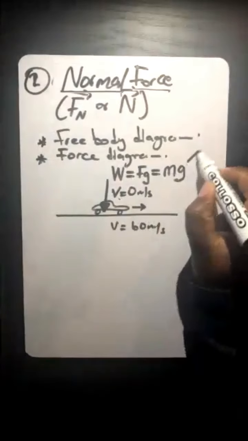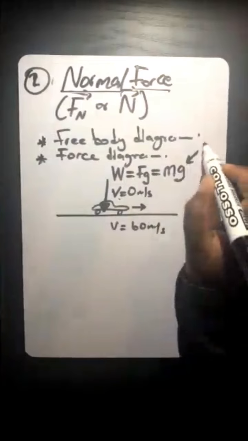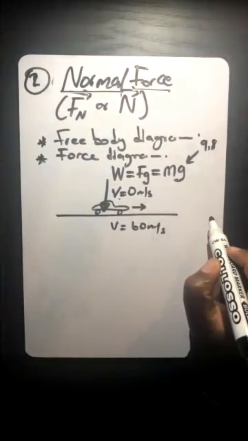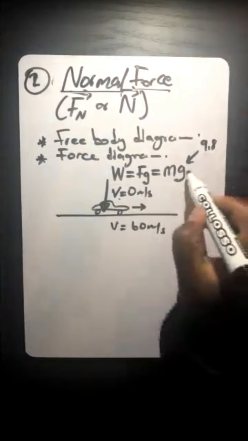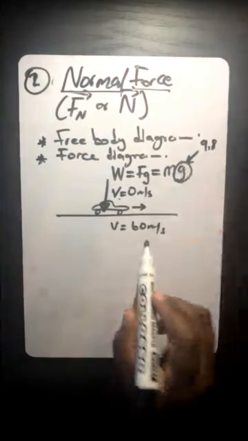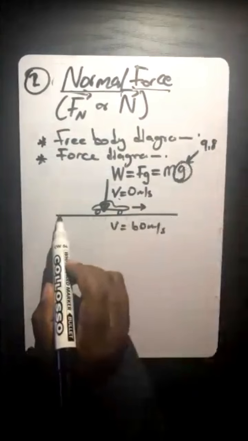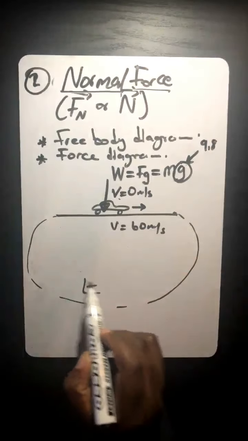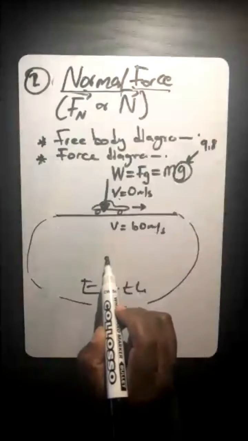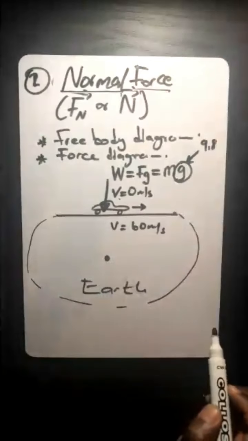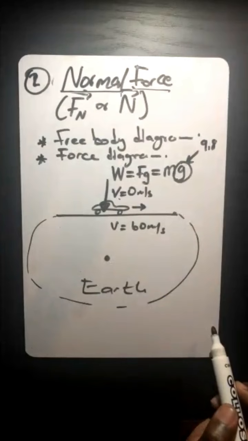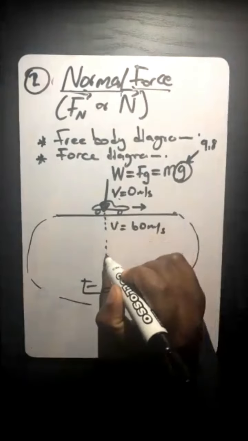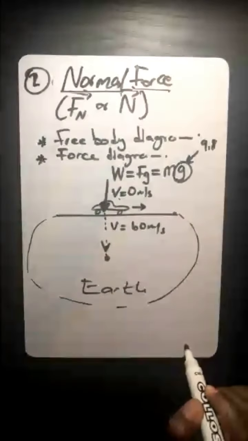What is g? g is the gravitational acceleration, which is constant at 9.8 meters per second squared. As a result of g, this road is on the surface of the earth, and the earth, because we said it is circular, has a center. So the weight is acting towards the center of the earth.